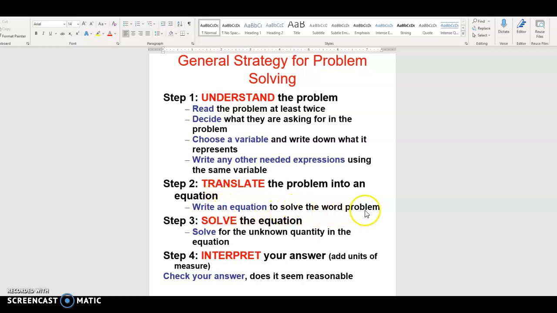This is your algebra part. Then solve the equation for the unknown quantity, just like you would any regular algebra problem. Then interpret your answer and check it. Does it seem reasonable? If you follow these rules, the steps are basically the same, though I know the TEAS textbooks use slightly different wording. So we're going to use these steps on the problems in your book.